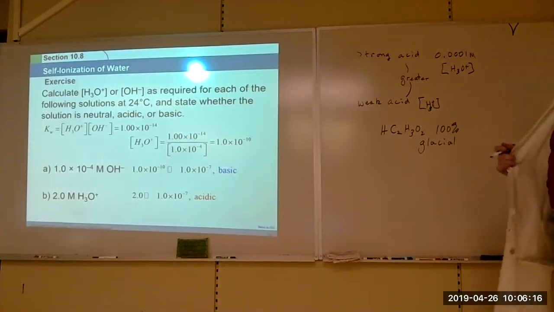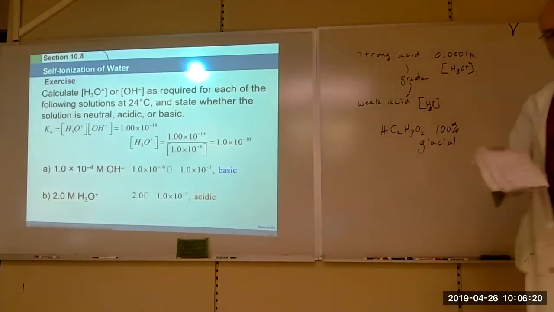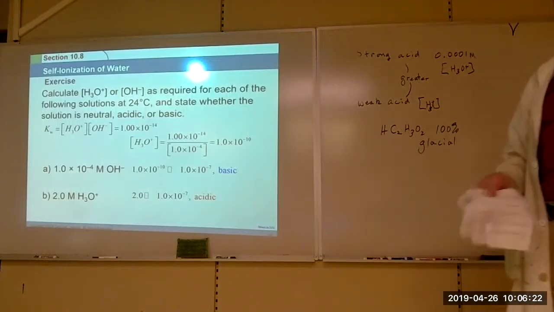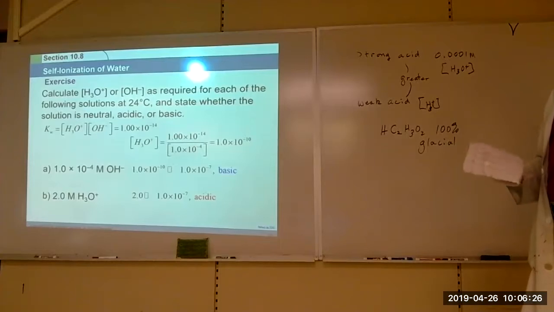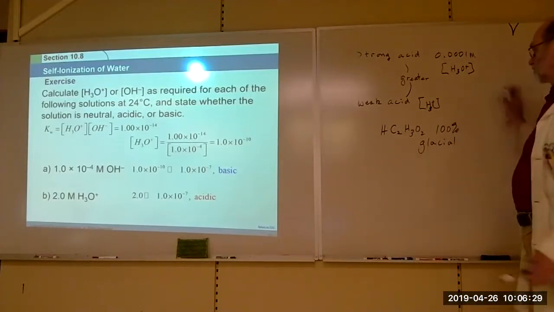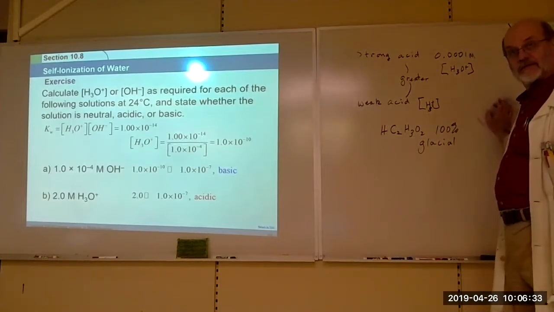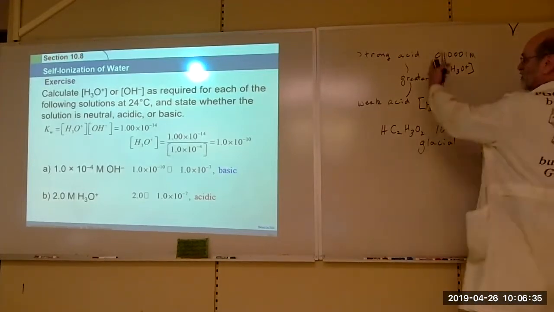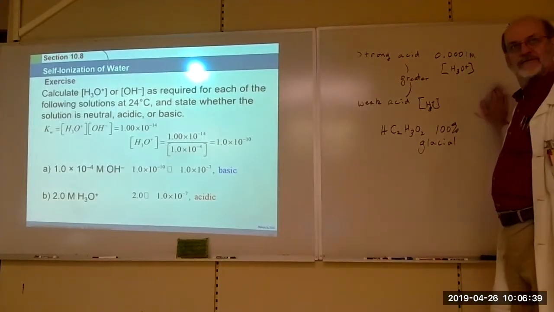Okay? That just emphasizes the point that we made about strong acids. Strong acids just mean 100% dissociation. It doesn't say anything about whether it's hazardous. This would be hazardous. You don't want to stick your finger in there. But this, I mean, that would be less than stomach acid.